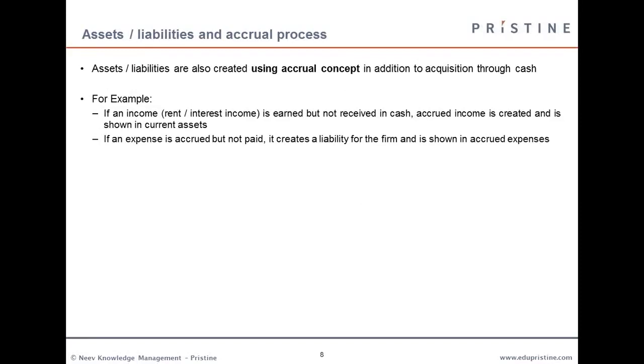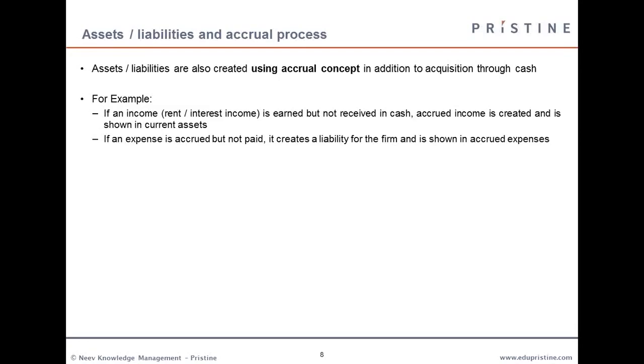So we have this accrual concept of accounting in the case of companies. A lot of companies use accrual accounting methods. Basically what it means is that revenue and expenses need not be recognized when the cash is exchanged. They may be recognized before the cash is received, after the cash is received, or at the time when the cash is received.